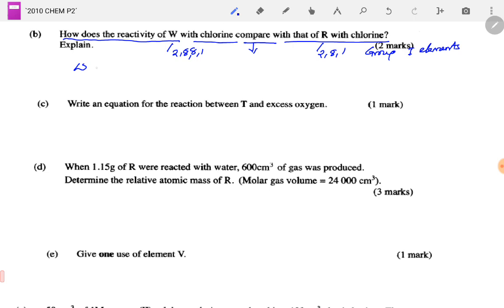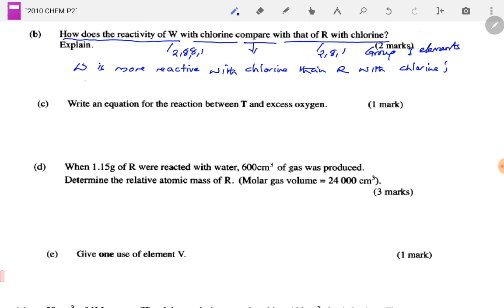W is more reactive with chlorine than R with chlorine.